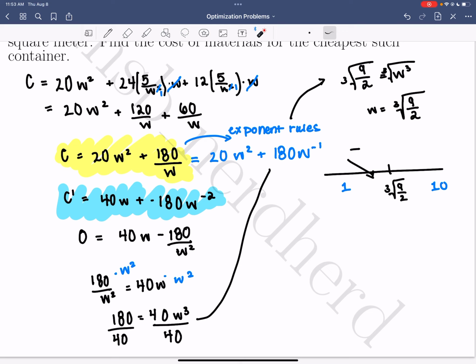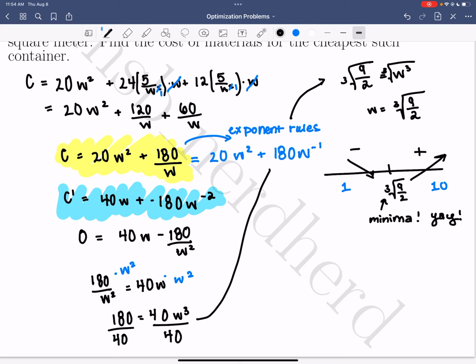We have the negative 180 over 100. Well, now in this case, 180 divided by 100 is like 1.8 versus 400 is going to be much bigger than that. So it's going to be positive. So double checked, it works. This is a minima. Yay.